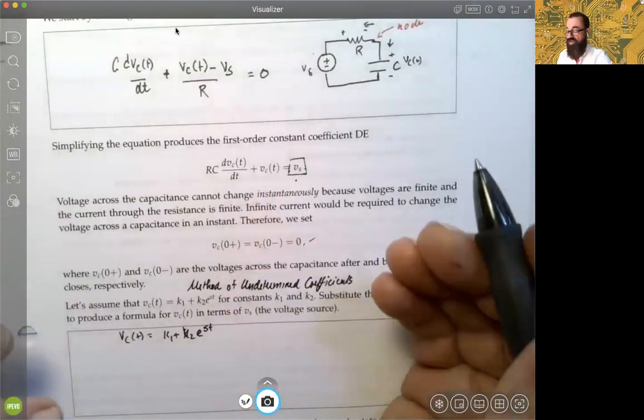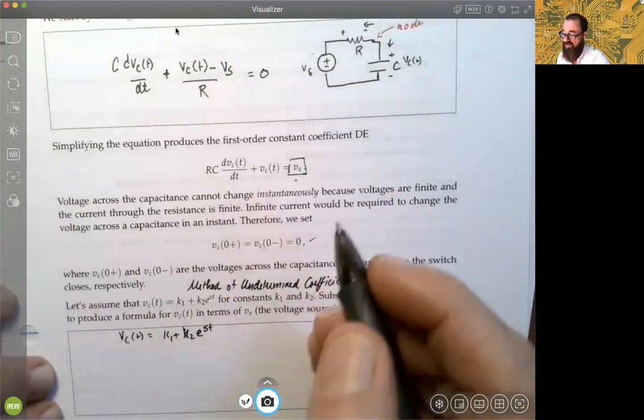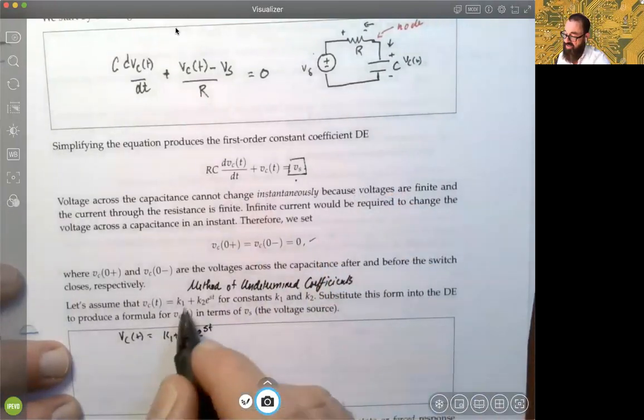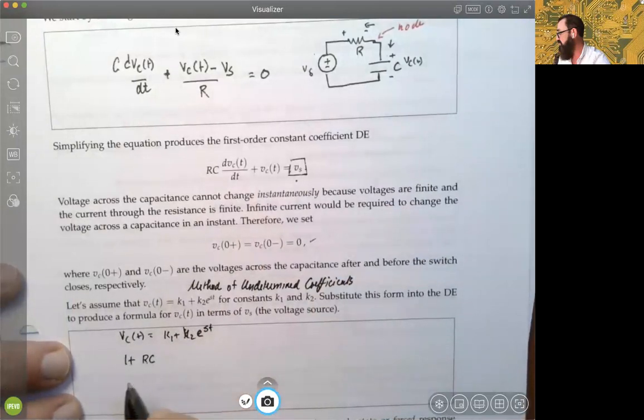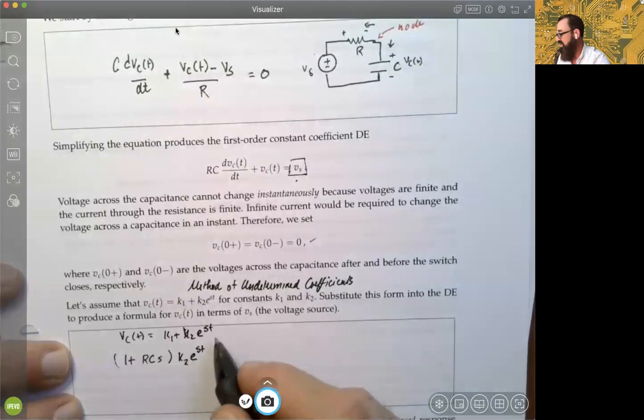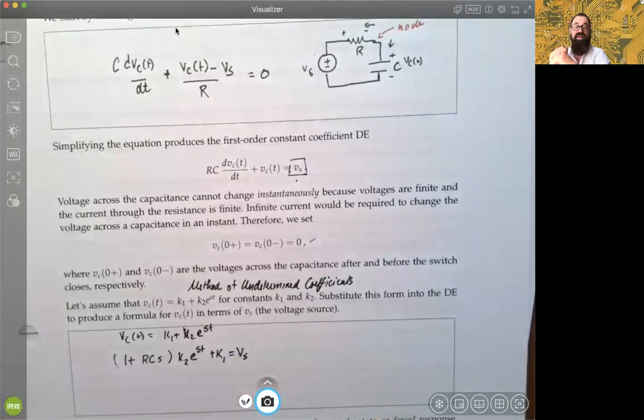If we plug it into the differential equation, what we get is (1 plus RC S) times K2 e to the ST, plus K1, has to be equal to Vs. That's just what's going to happen when you plug that in.